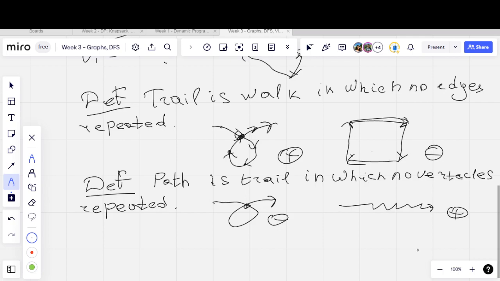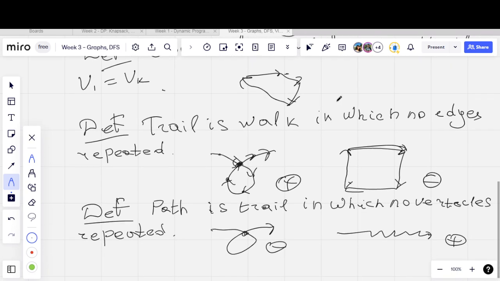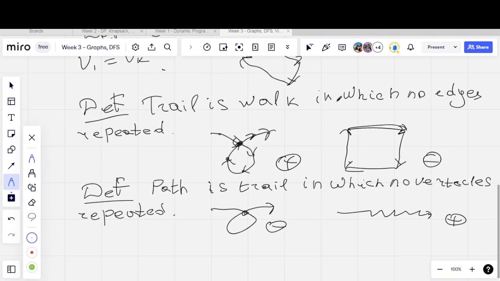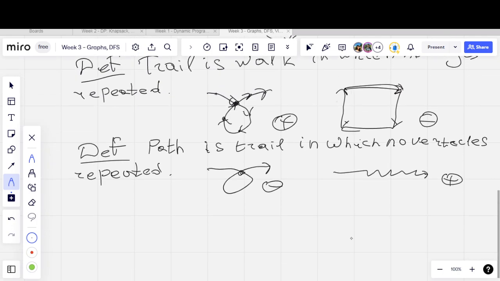Why don't we consider a walk with no vertices repeated, but with an edge repeated? Because if we repeated some edge, it means we repeated vertices too, of this edge. Okay.